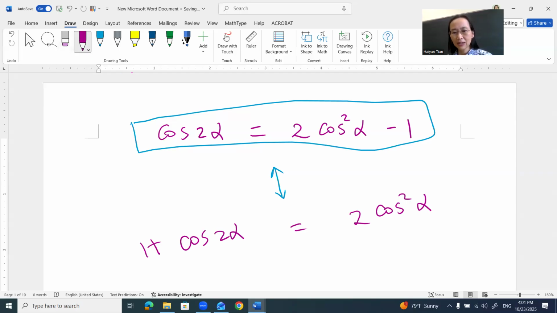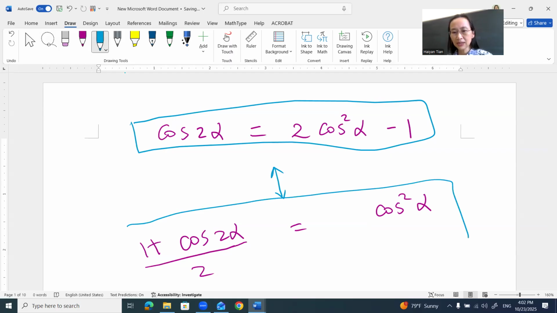So divide by 2 on both sides of the equation. So we can cancel this. And then what happens is that cosine square alpha is solved. See, this formula can be written in a different way.